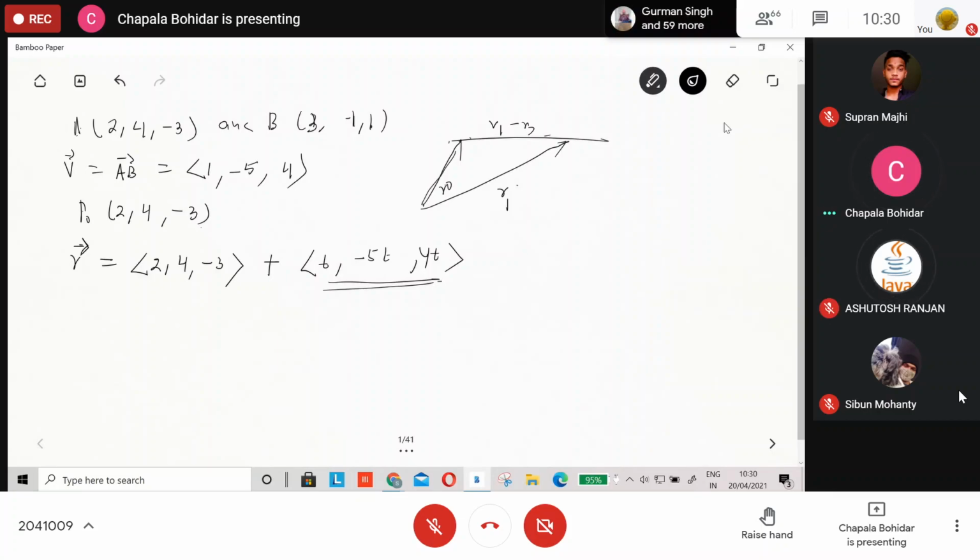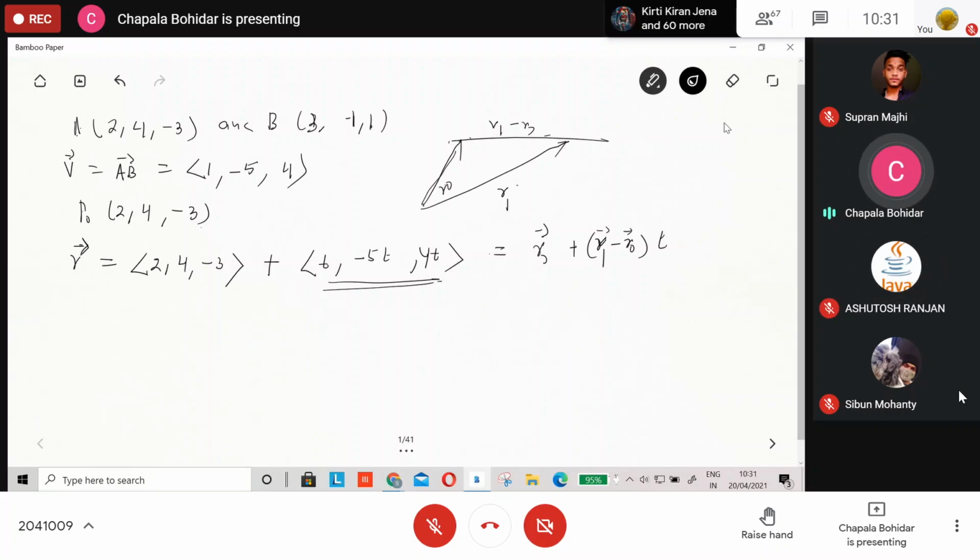Yes, ma'am. So I can write this as R0 vector plus (R1 minus R0) t. I can write it like this, or not? Yes, ma'am.